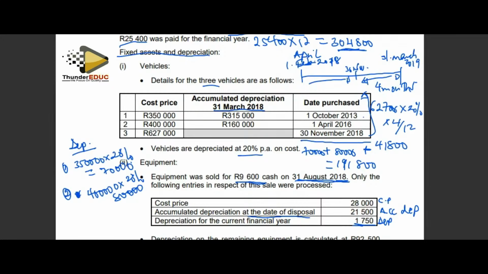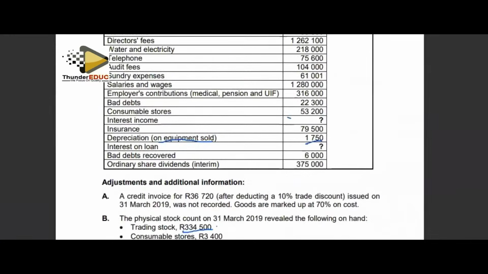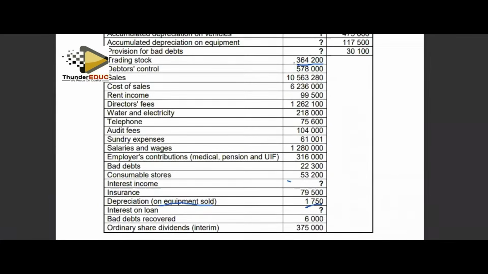So we need to determine what was the remaining vehicles at the end of the year. Sorry, equipment, we don't know. But they are saying it was 398,000 beginning of the year, okay?